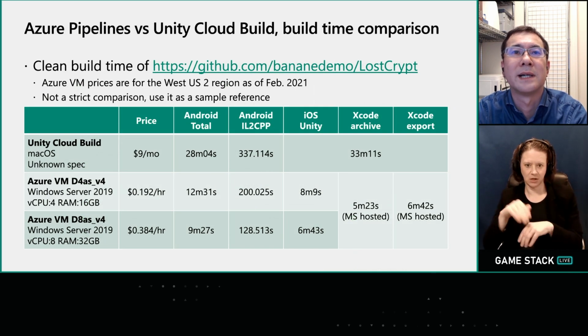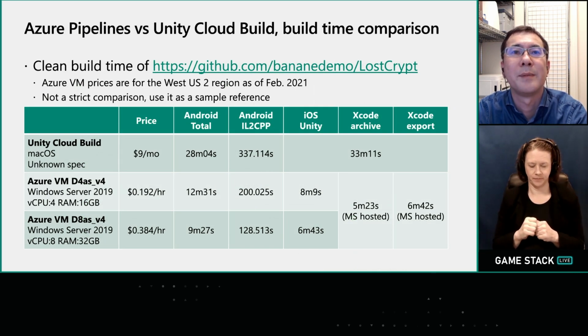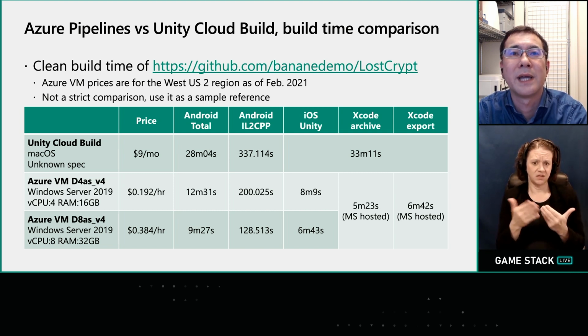This table is a timing comparison between our pipelines and Unity Cloud Build. Unity Cloud Build is a Unity-specific CI service by Unity Technologies. It's very handy and as cheap as $9 per month, but it's slow and less flexible.